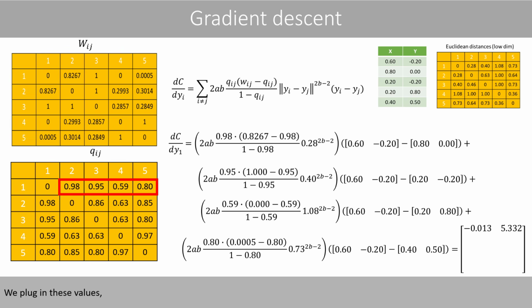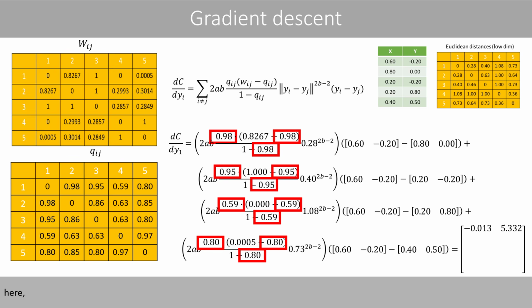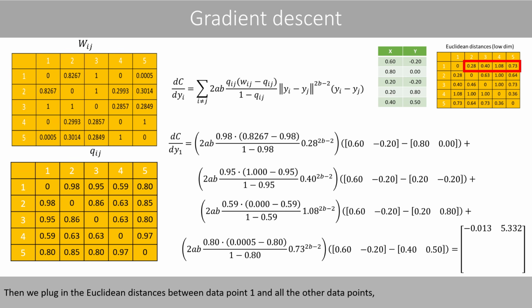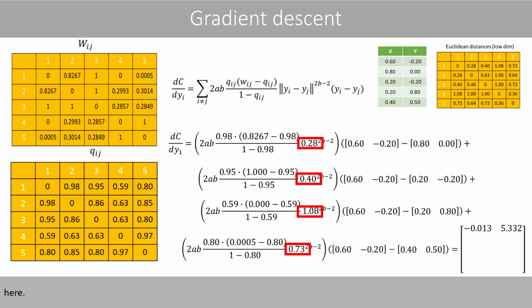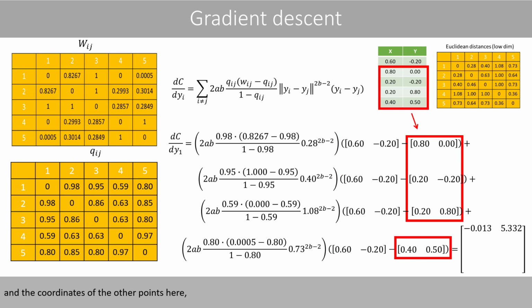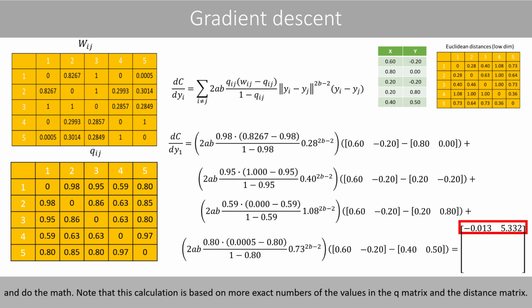We plug in these values here, and then these values here. Then we plug in the Euclidean distances between data point 1 and all the other data points here. Next we plug in the x and y coordinates of data point 1 and the coordinates of the other data points, and do the math.